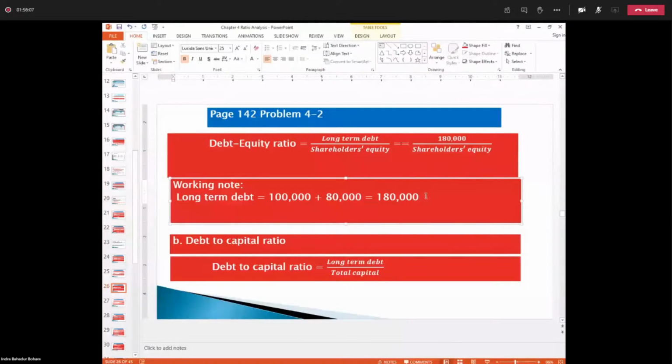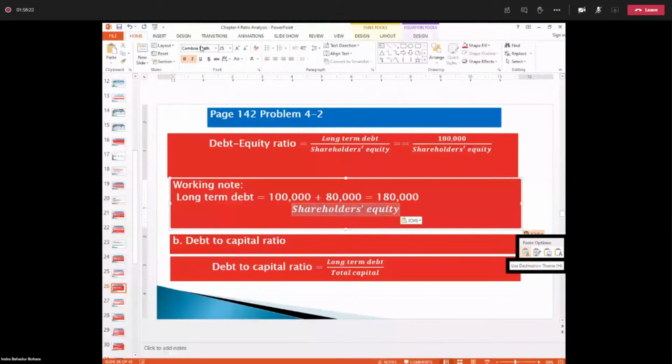How do you calculate shareholders equity? Shareholders equity equals equity capital plus preference capital plus reserve. In the examination you write down the value directly, it is not necessary to write it out as equity capital plus preference capital like this.